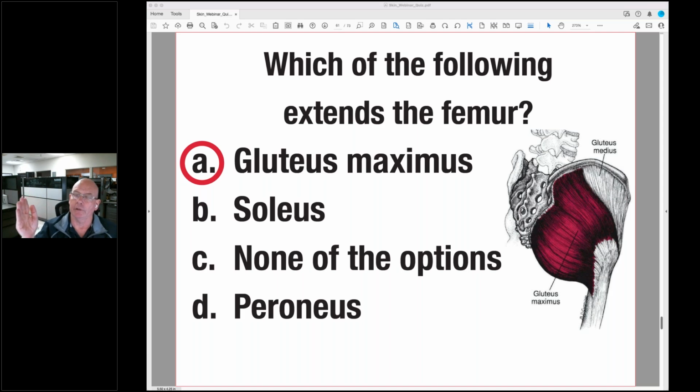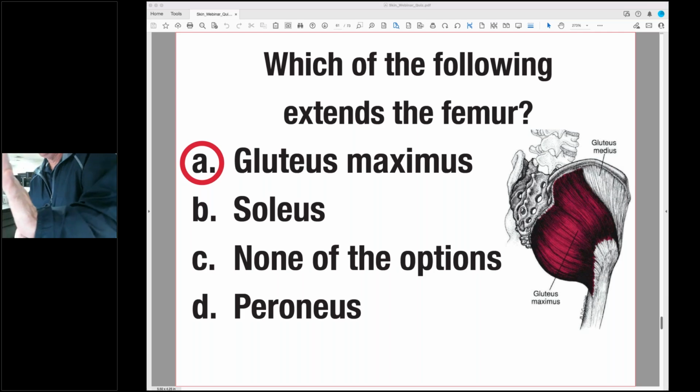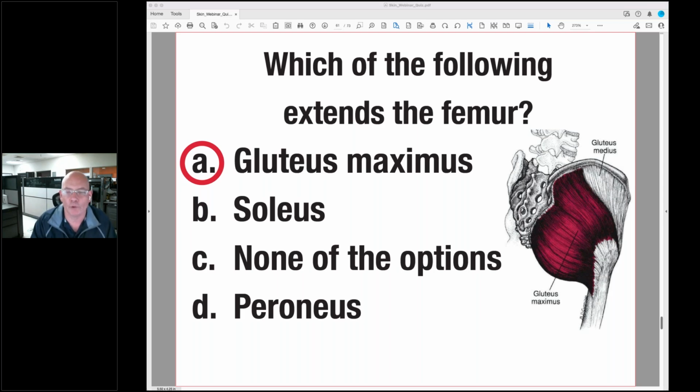So if this is extension, if I close that joint, that's flexion. Okay, if I open it up, it's extension. That's really a bad example with the wrist, but that's all I could do with the camera. Sorry. Anyway, gluteus maximus extends the femur.